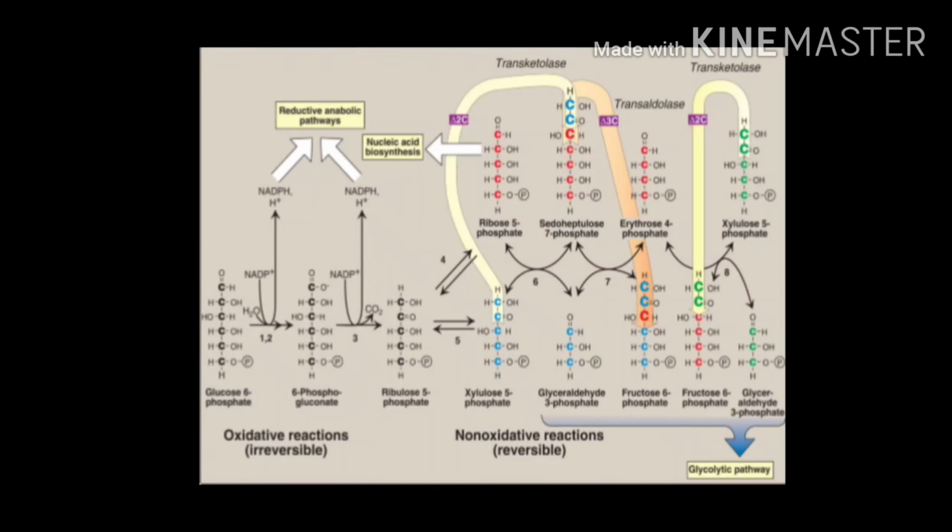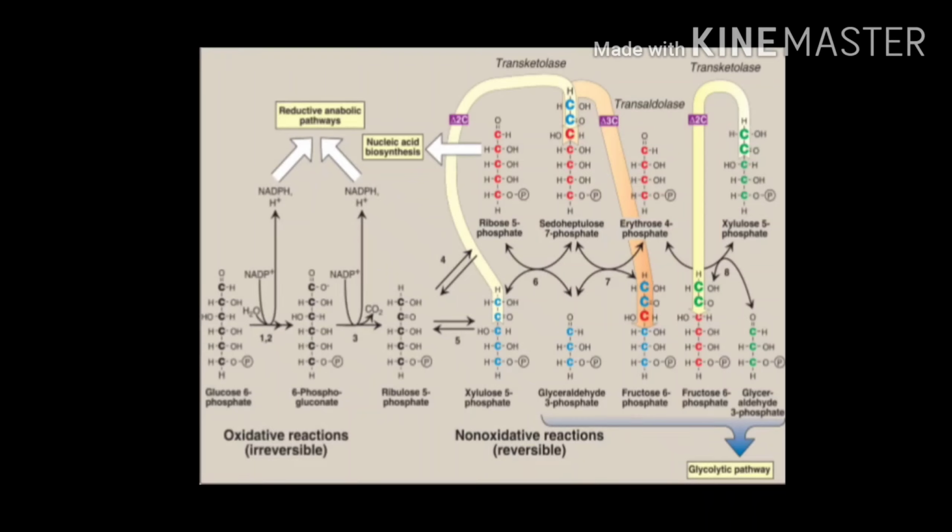So this is one part, and the other part is that ribulose 5-phosphate can be epimerized to xylulose 5-phosphate. Epimers are compounds where in one carbon atom there is a change in the conformation of one group.